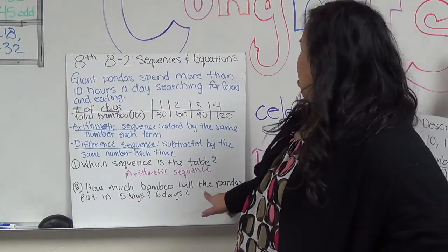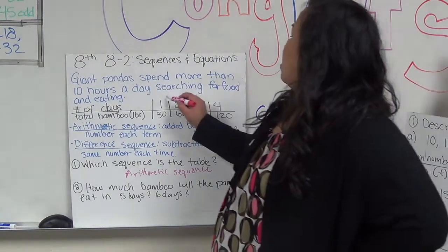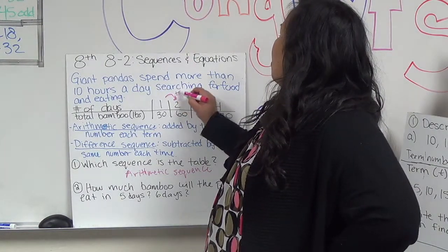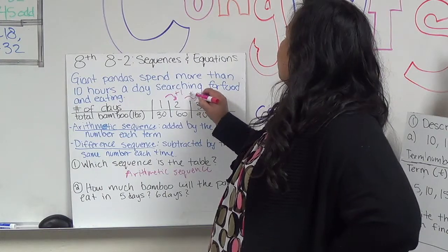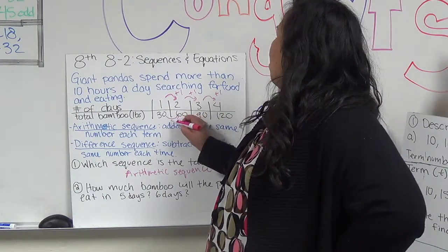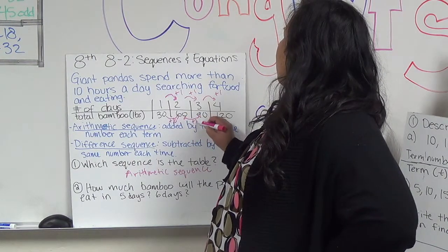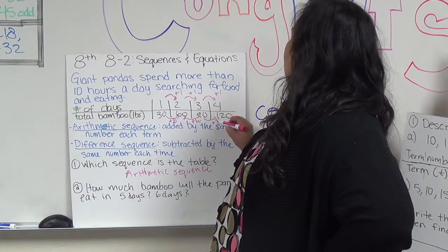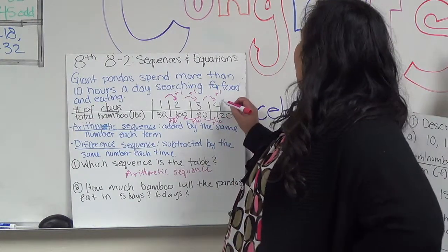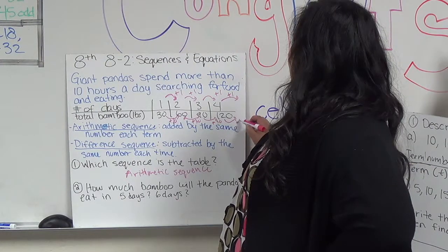So how much bamboo will the pandas eat in 5 days? And how about 6 days? This is going by +1 each time, right? And this is going +30 each time. You see that? So if I want to find 5 days, I do +1, and then +30.